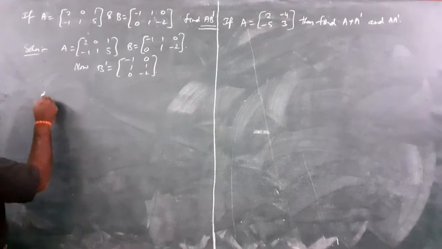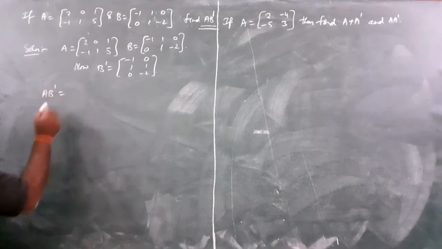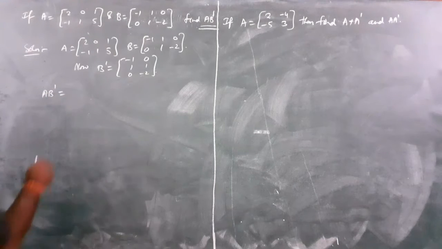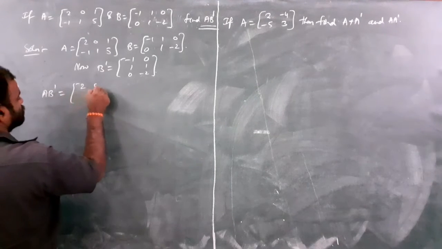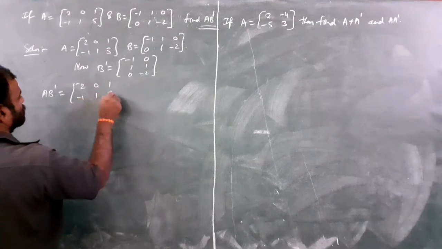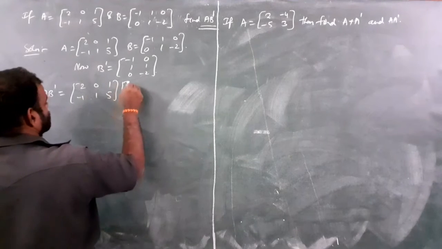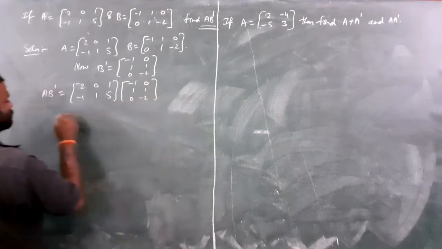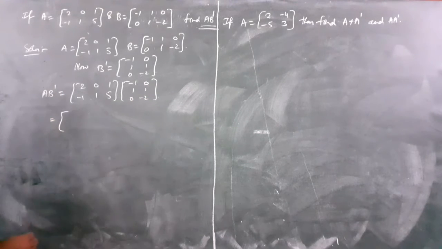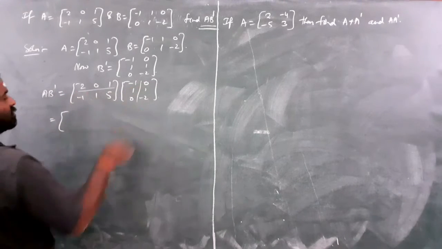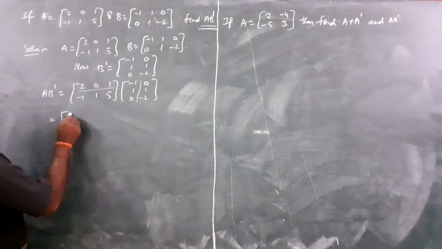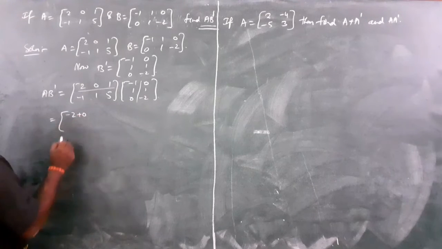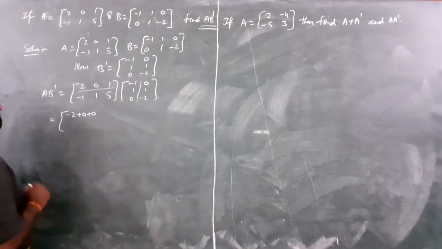Now you have to find A B dash. So what is A? 2, 0, 1, minus 1, 1, 5 into B dash, minus 1, 1, 0, 0, 1, minus 2. So this is the row and this is the column. 2 into minus 1, minus 2, plus 0 plus 0.